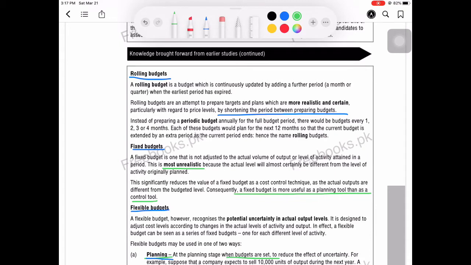It's really simple. Rolling budgets are an attempt to prepare targets and plans which are more realistic and certain, because this will be very similar to the last year with certain differences which we are expecting or assuming, such as inflation rates and interest rates, all those things, particularly with regard to the price levels, by shortening the period between preparing budgets.